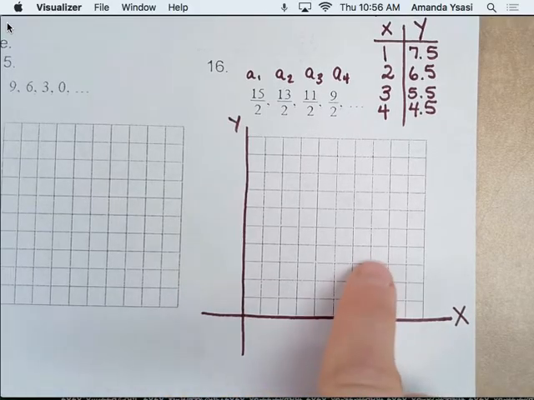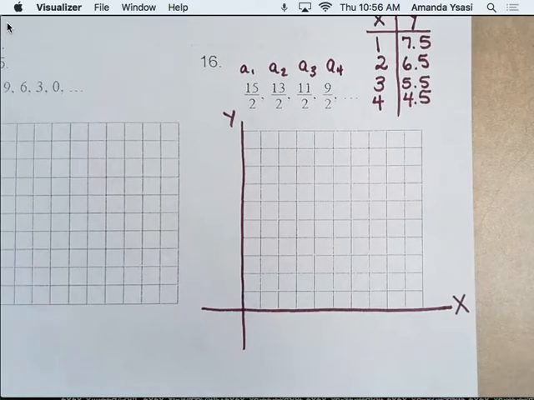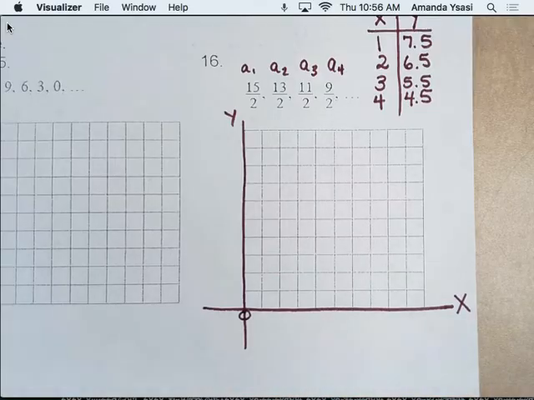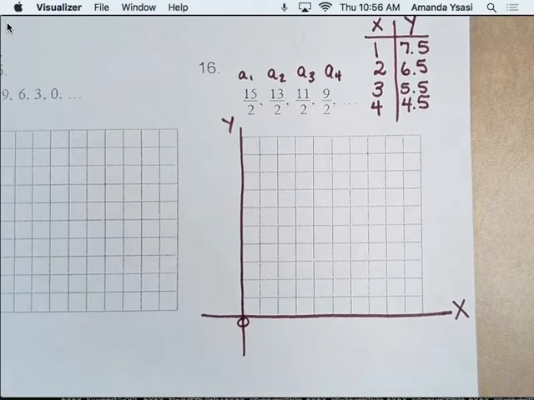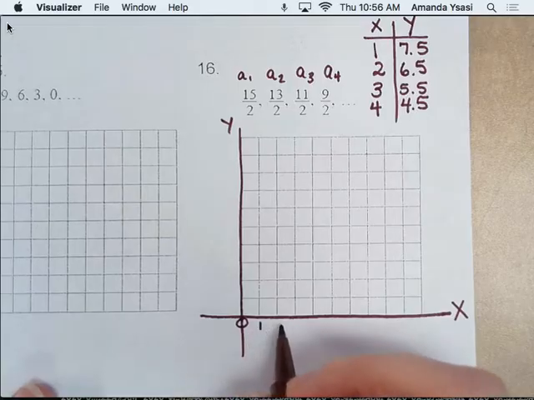This is quadrant 1. Before we start plotting the points, we need to know what the X's and Y's go by. So this starts out at 0. So what should we go by on the X's? What would be easiest? Yeah, let's just do 1.